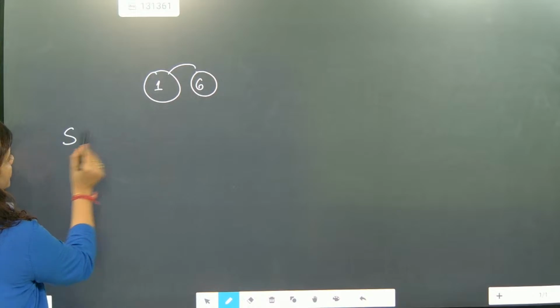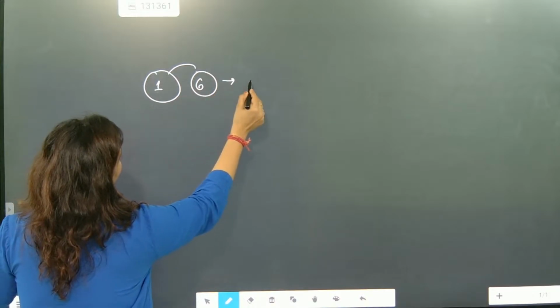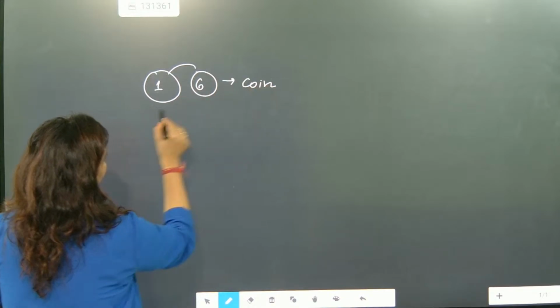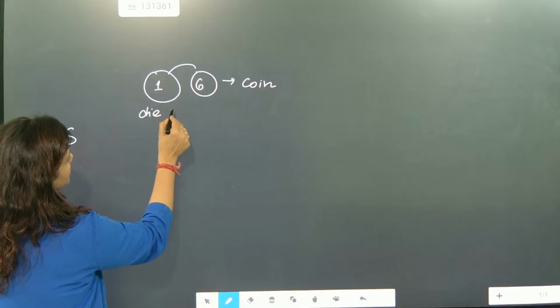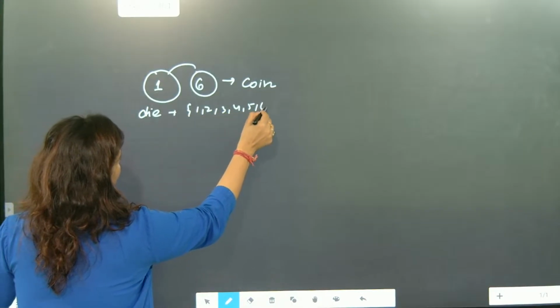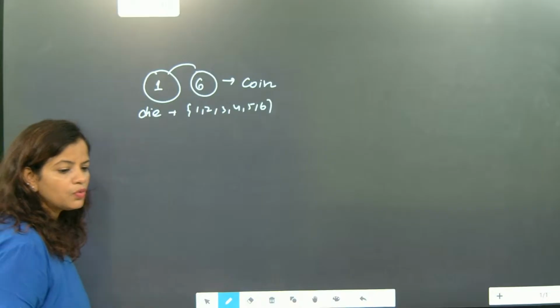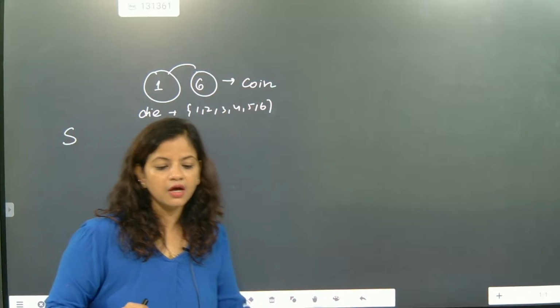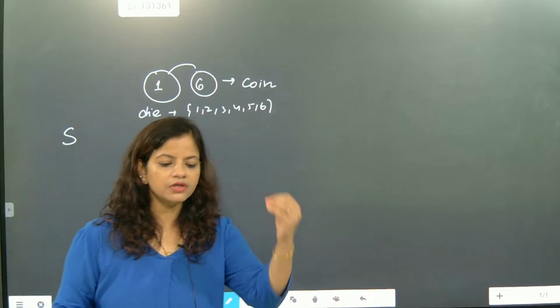The coin has two faces, and we know the die has six faces: 1 2 3 4 5 6. Both are rolled together.